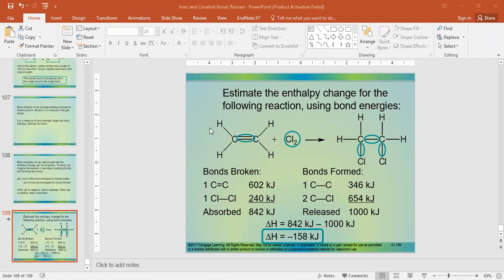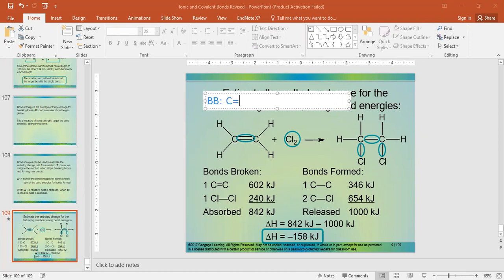So if we can evaluate what is going to be happening here, you are going to have bond breakage. Bond breakage is going to involve carbon double bonds. We also have carbon hydrogen, and we also have chlorine.